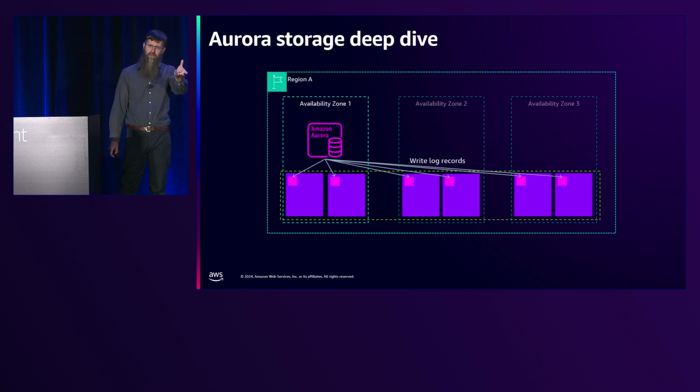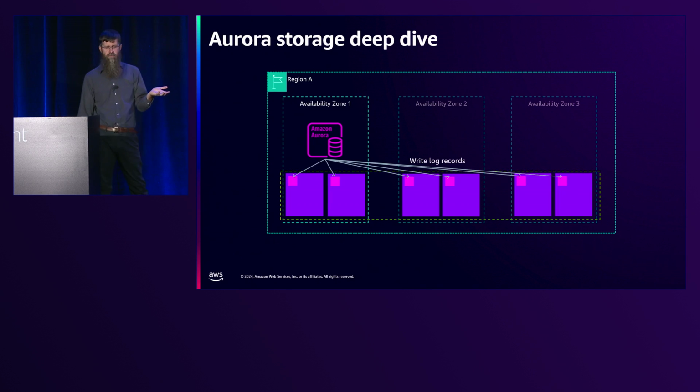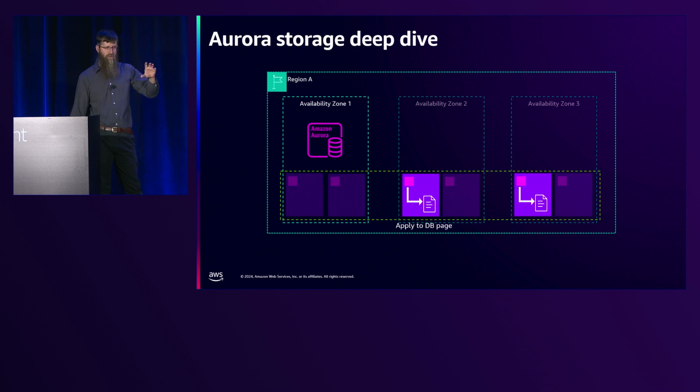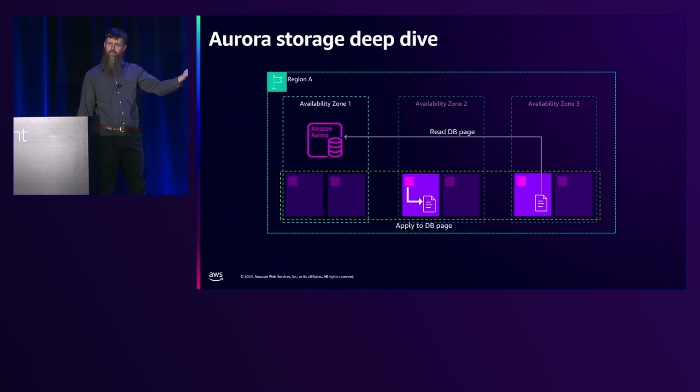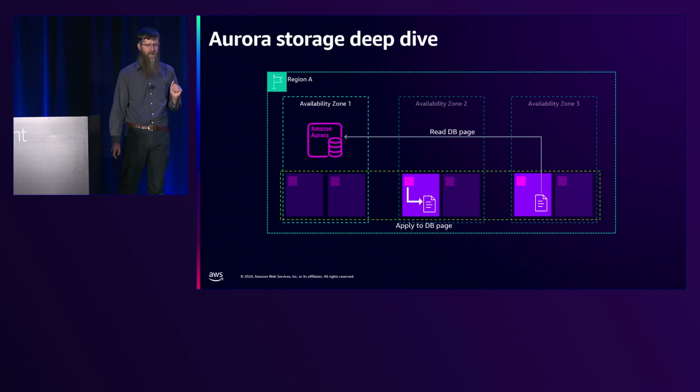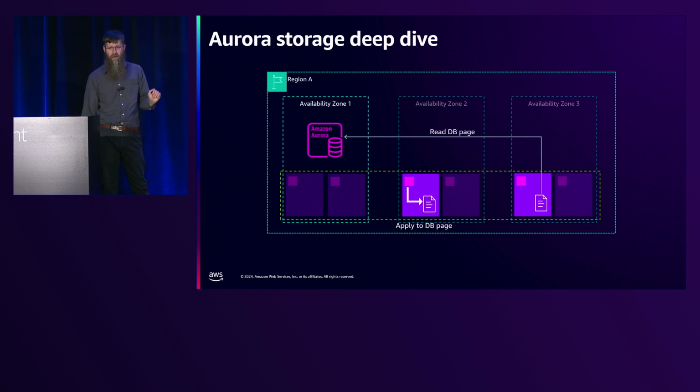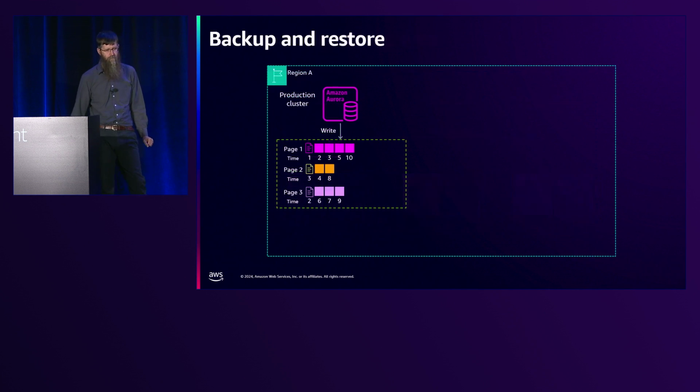So it understands how to turn those log records into database pages, and it does that in response to, say, needing to do space reclamation or needing to read them back again into the engine. This job's pretty easy if you don't want to read your data back, but we need you to read your data back, right? So we need to apply those log records and read them back. So this is the secret to Aurora's performance because we're doing it in parallel across all those storage nodes, but it also underpins a bunch of HA and DR features which we're going to talk about.